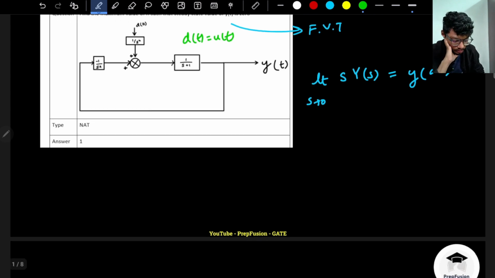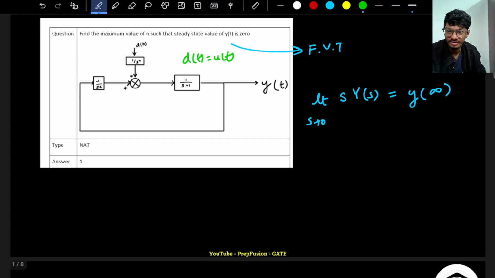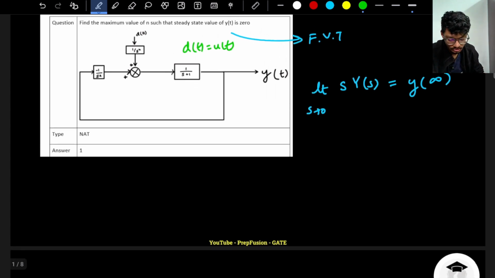So first let me find out y of s in terms of d of t. So how do I find it out? I can simply use simple techniques what I have taught in my block diagram reduction technique questions. Okay, so this is y of s, this will come here y of s. Okay, and this y of s will get multiplied, so this will be y of s minus y of s divided by s square.